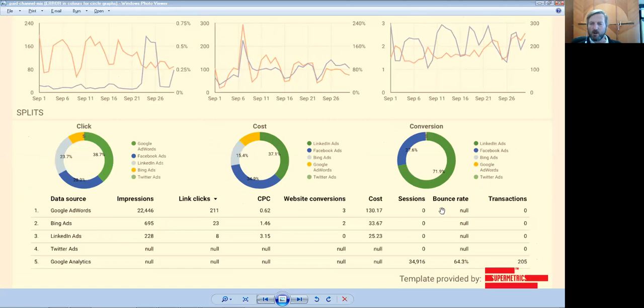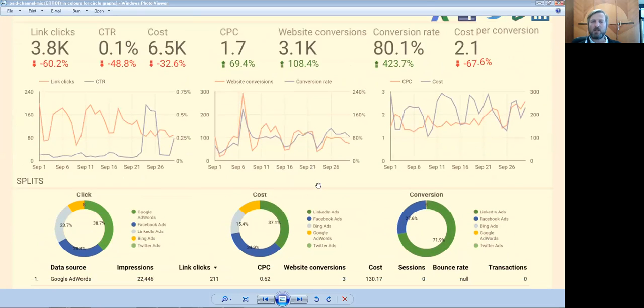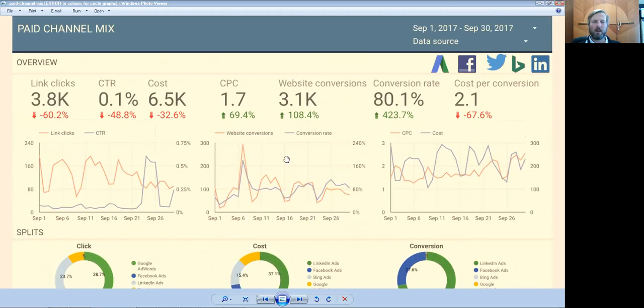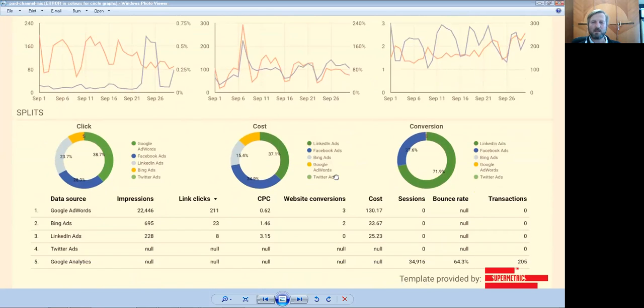So: website conversion cost, session bounce rate, transactions. Now, I don't know what this transactions means, because conversion means it leads to a sale. But in this graph, what you would ideally want is some form of revenue income. You see, there's no place where I can see what the revenue is.